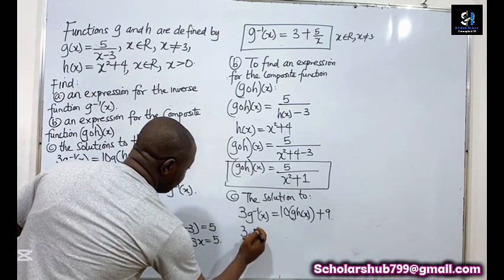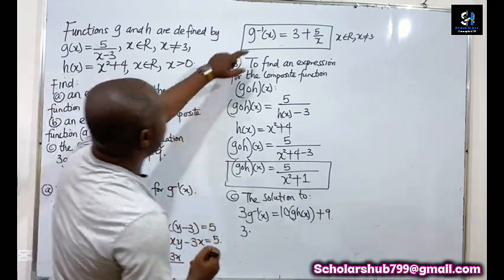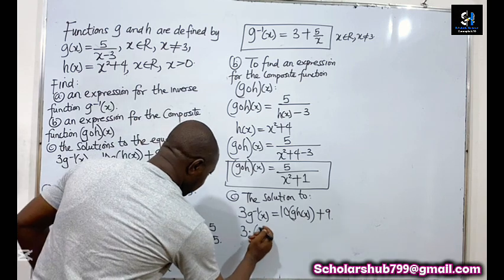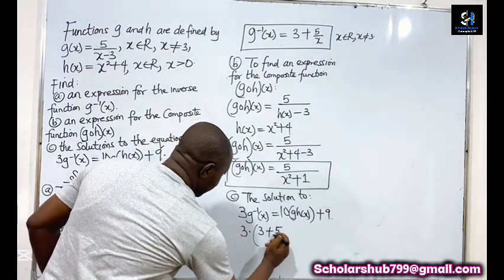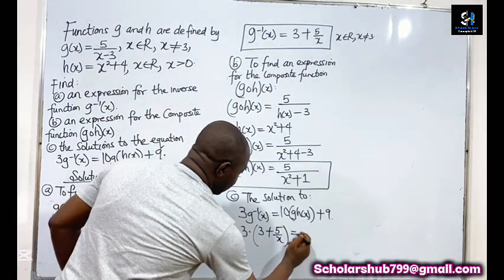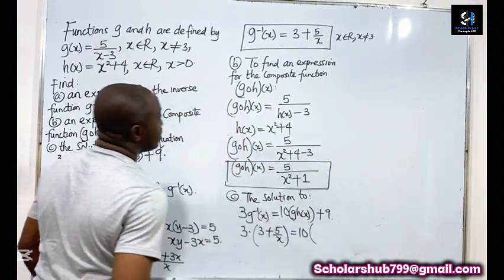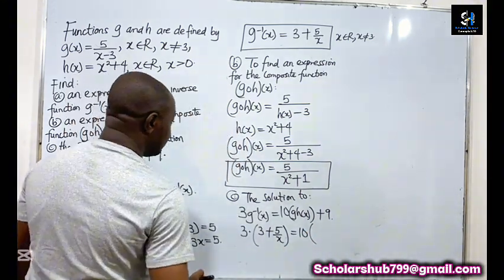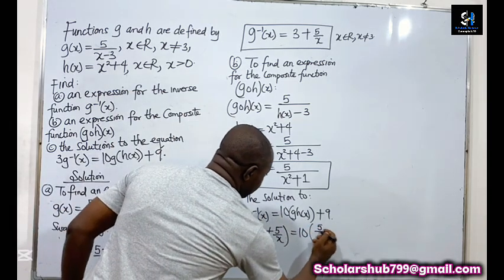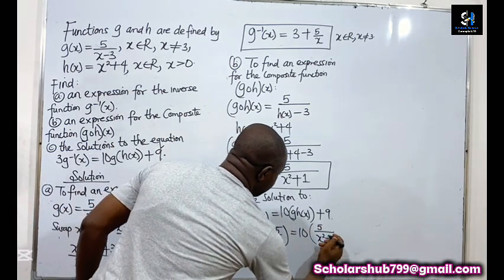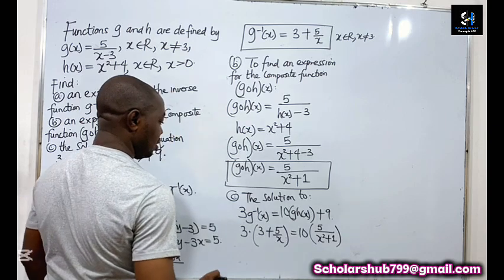So this will be 3 multiplied by what we got here, which is 3 plus 5 over x, and this will be equal to 10 multiplied by this one, which is 5 over x squared plus 1.